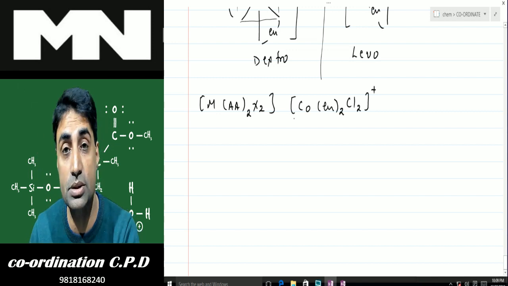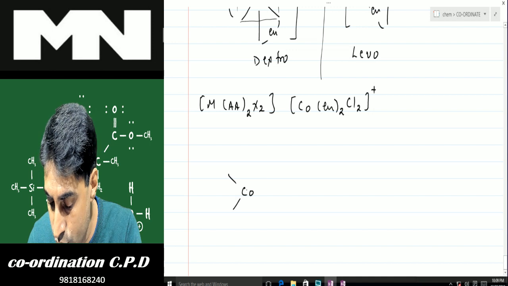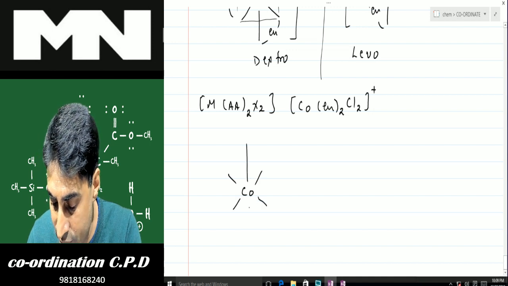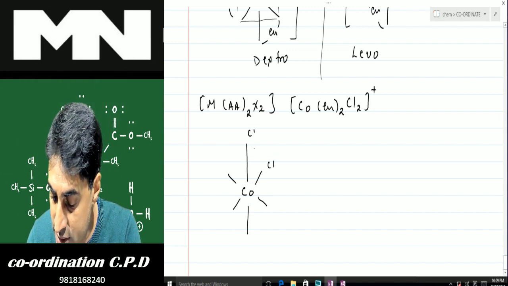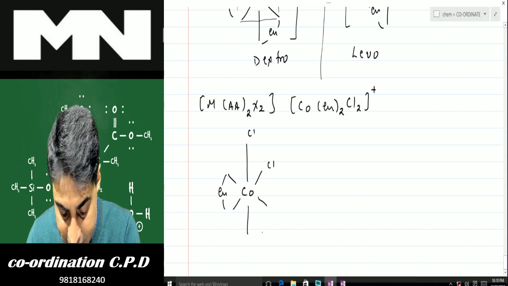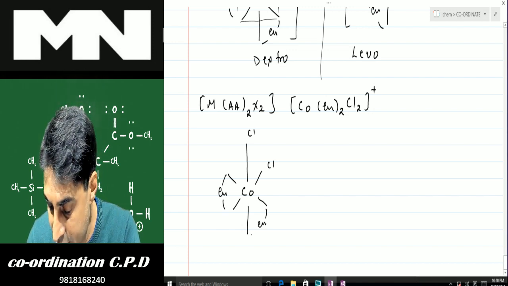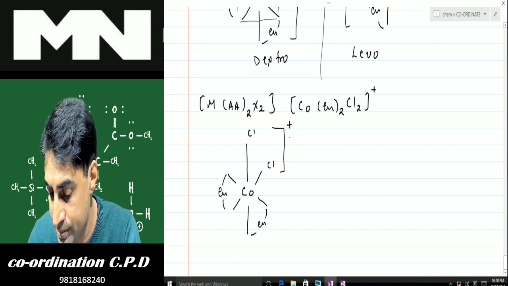Again cobalt is in +3 oxidation state. So you have cobalt 1, 2, 3, 4, 5 and 1, 6. Here you have Cl. In this case, ethylene diamine, and it has got a +1 charge on it.